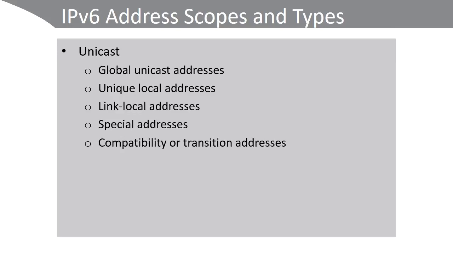In addition to unicast addresses, which are assigned to interfaces on individual hosts, we can also support multicast addresses. Multicast addresses, as in IP4, allow you to communicate with several devices simultaneously and are useful for communicating information to several hosts, for example, software deployment. And anycast is communicating to any device.